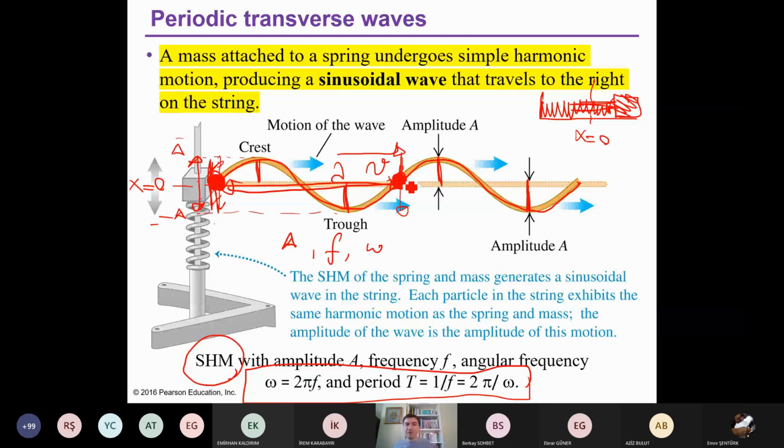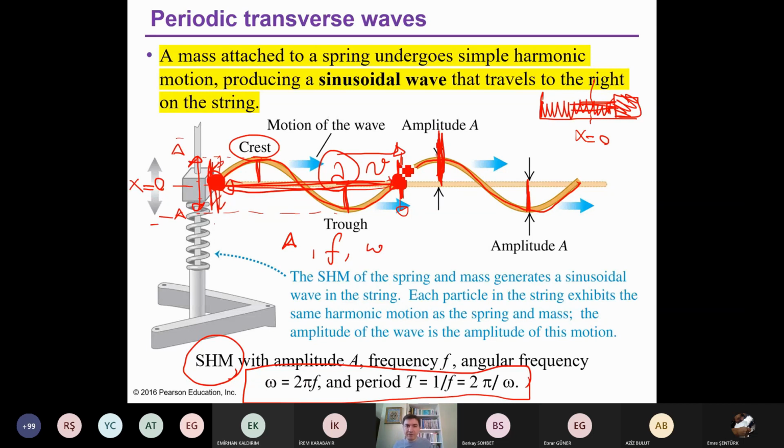And you can also consider lambda is this one. This is the crest. This is another crest here on the right side. And the distance between two crests also gives us the lambda. Or here we have a trough, here we have another, neighboring trough.